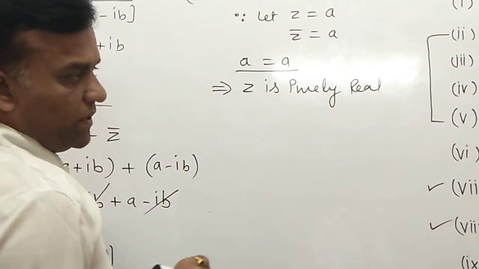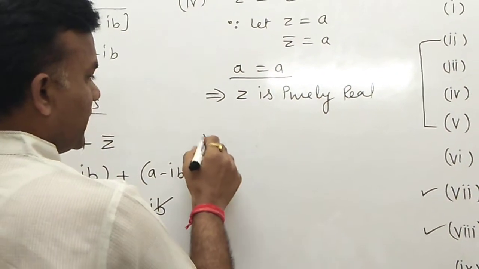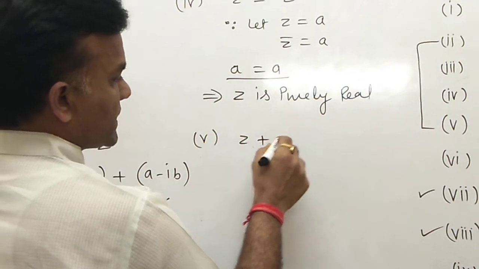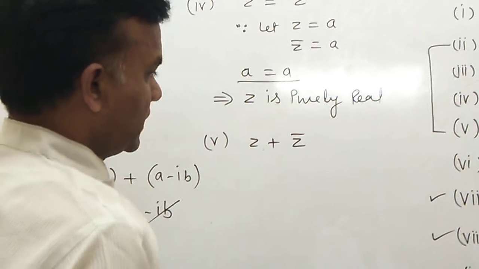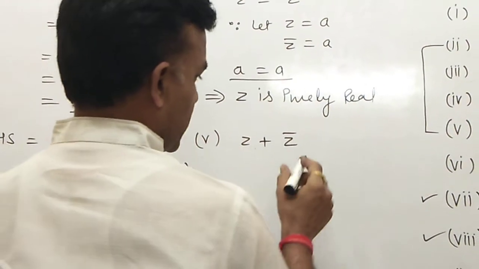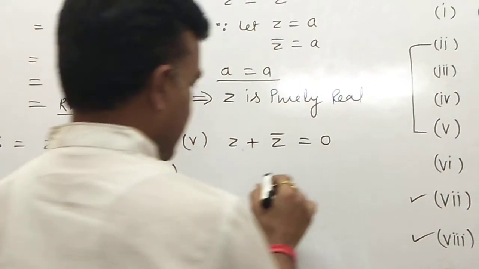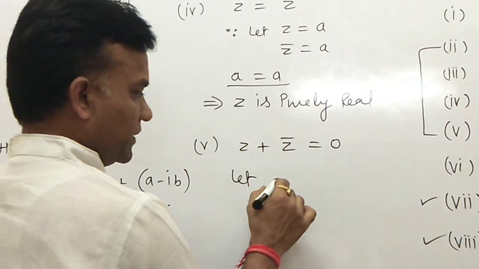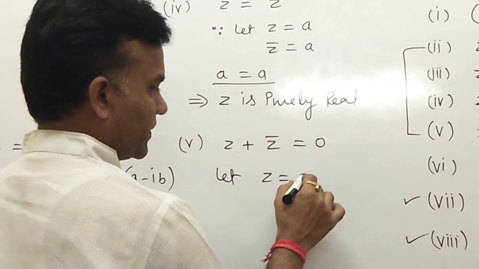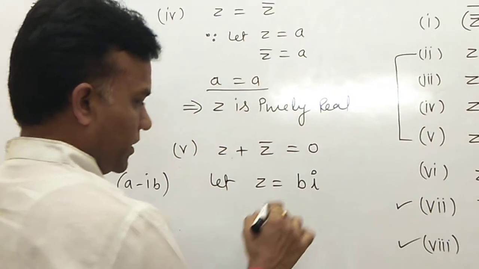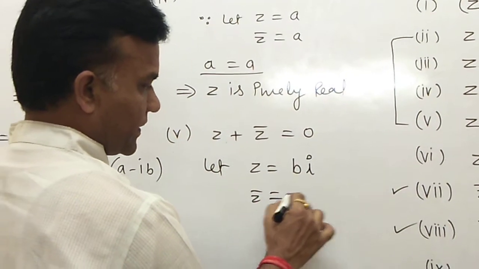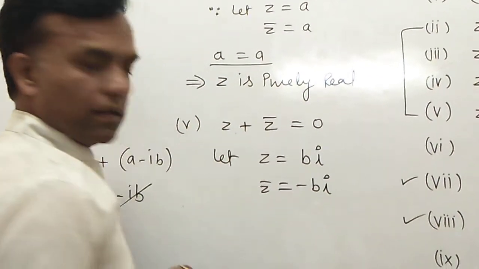Okay, so no change. Same here, as you discussed, in the fifth example you have z plus z bar. So z is purely imaginary. Suppose, again here we are assuming, z equal to ib, so z bar equal to minus ib, no change.